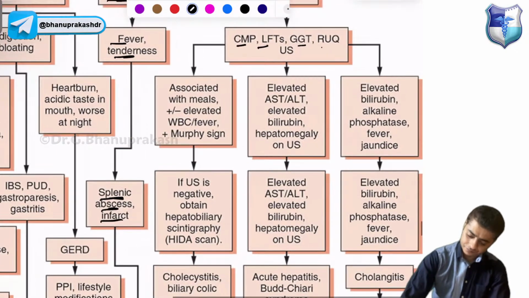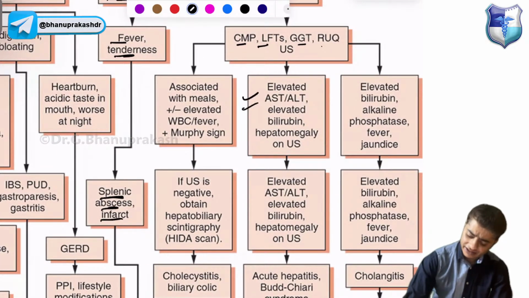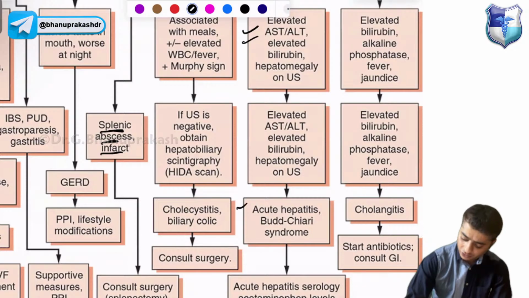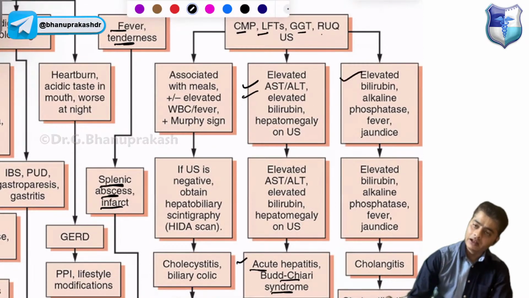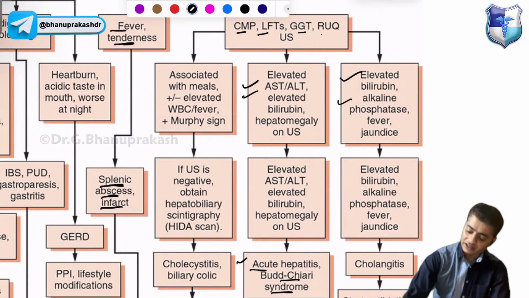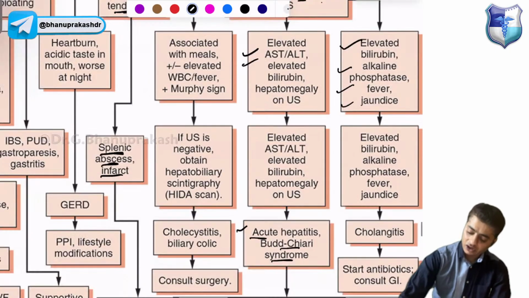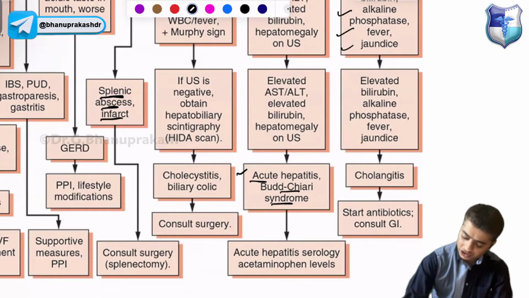If there is elevated AST and ALT, we will suspect acute hepatitis or Budd-Chiari syndrome. If there is elevated bilirubin and alkaline phosphatase, fever and jaundice, we will suspect cholangitis.